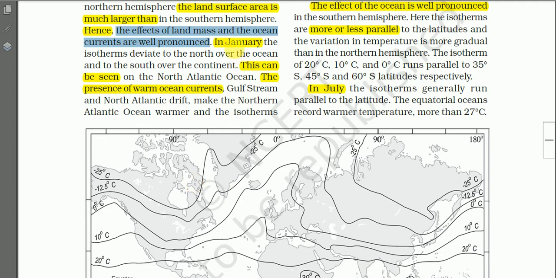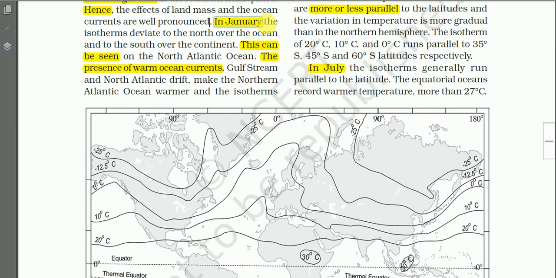Isotherms deviate to the north over the oceans and to the south over the continents.